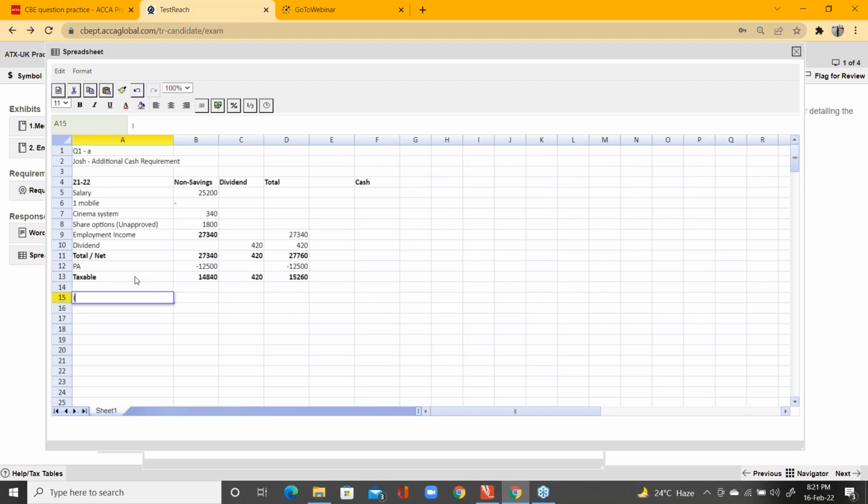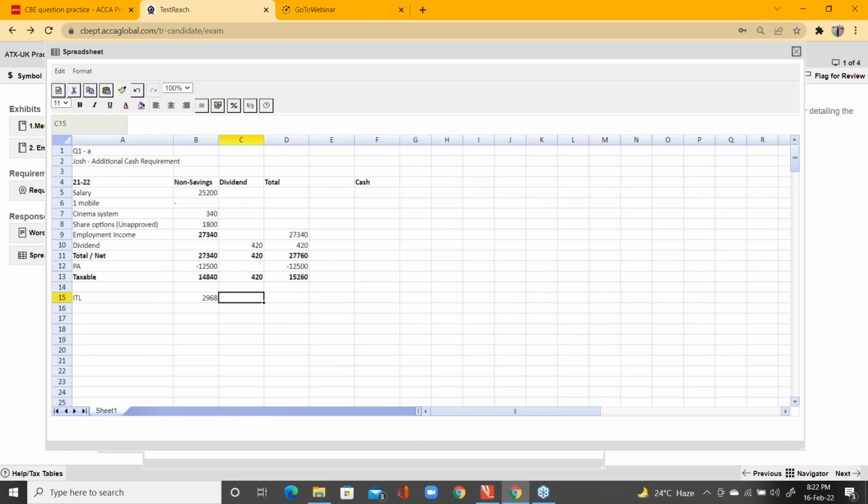Then for the calculation of income tax liability, on the first column, this income would be taxed at the basic rate because the person's total taxable income is 15,260, which is less than the first band limit of 37,500. So for first column income, we can multiply this value at a rate of 20%.